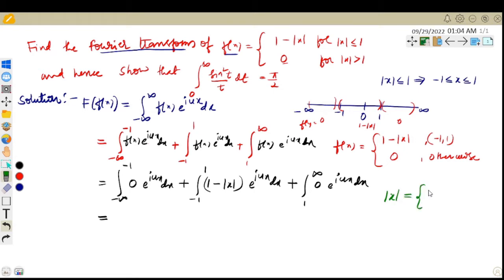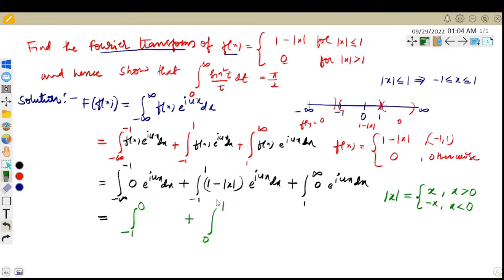Modulus of x is x when x is greater than 0, and its value is minus x when x is less than 0. So I am going to split minus 1 to 1 as minus 1 to 0 and 0 to 1.